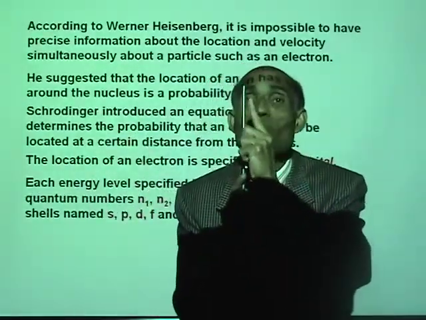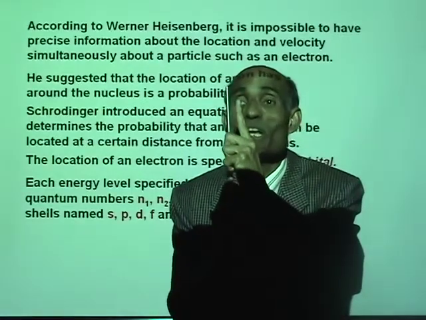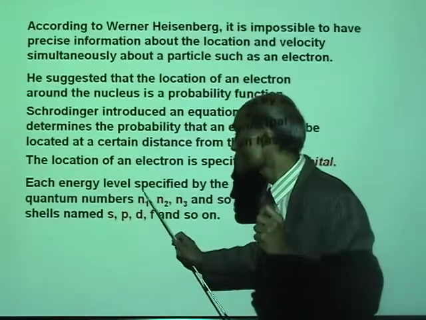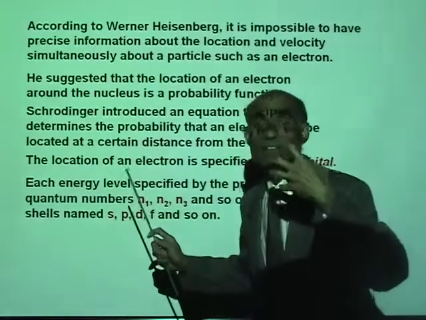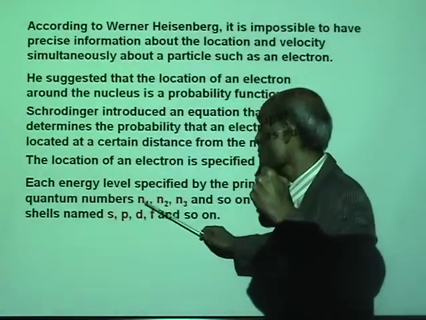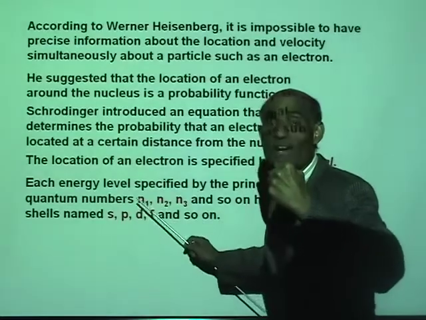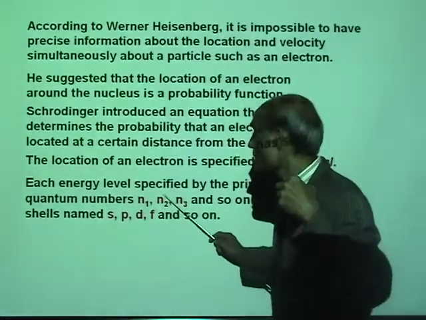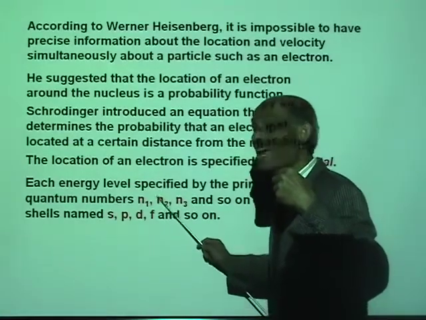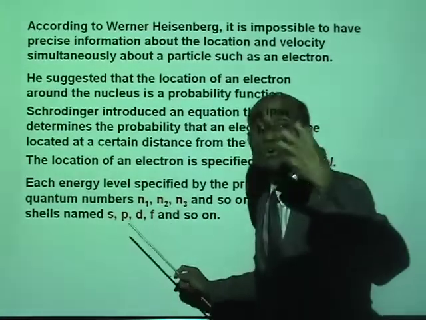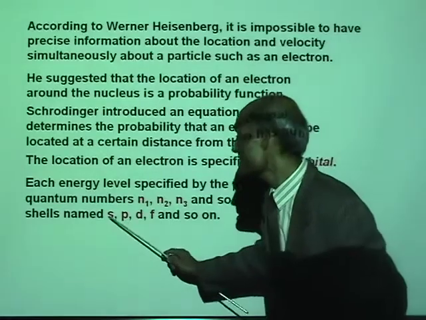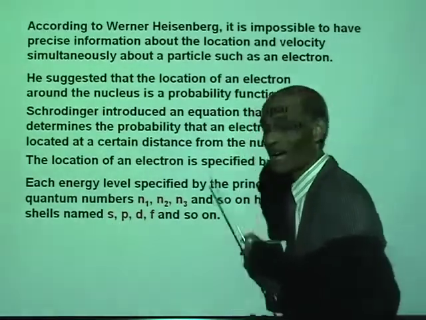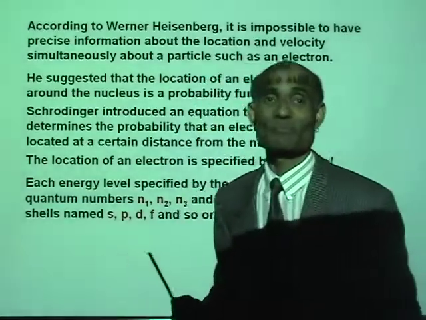It is actually made up of many different types of subshells. The energy level corresponding to n equal to 1 has subshells. The energy level corresponding to n equal to 2 also has subshells, and the subshells are named S, P, D, F, and so on.